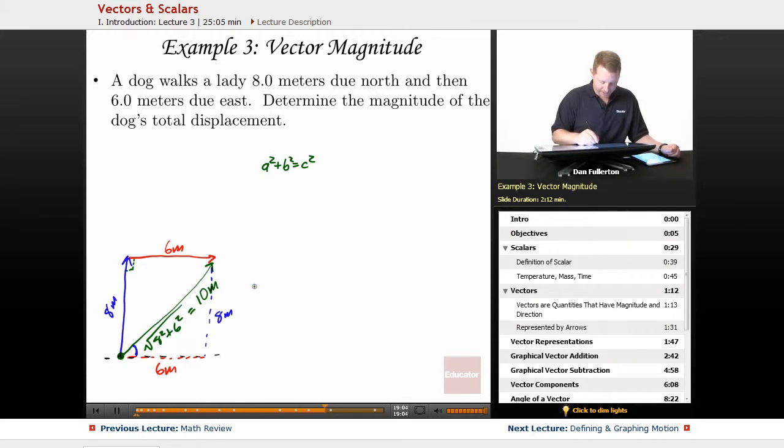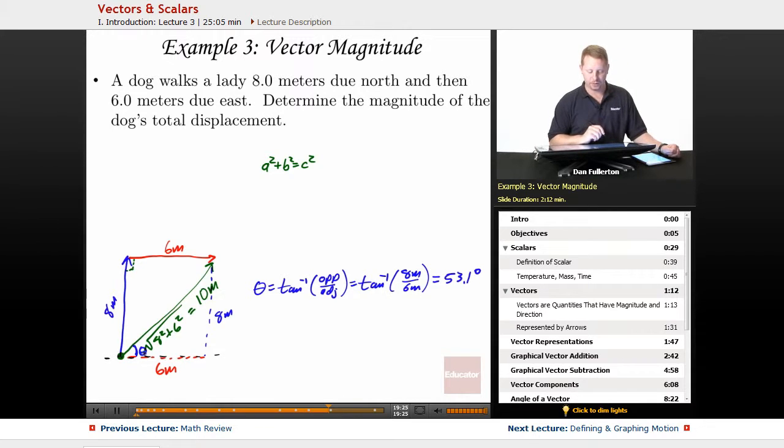Therefore, if we wanted that angle, theta is going to be the inverse tangent of the opposite side over the adjacent, which is the inverse tangent of 8 meters over 6 meters, which comes out to be about 53.1 degrees. That would be our angle theta there too, if it had asked us for the angle. It only asked us for the magnitude of the dog's total displacement, which we found to be 10 meters.